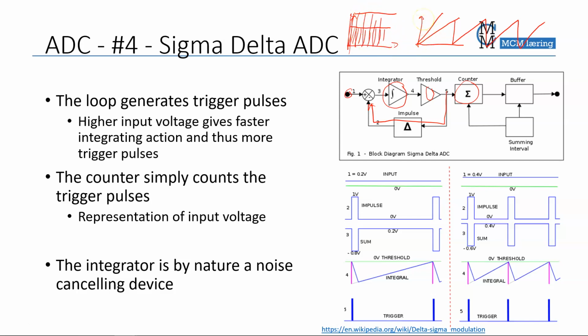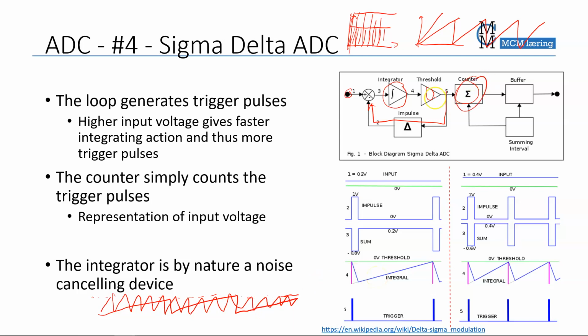So a low voltage will give a slow growing ramp, while a high voltage will give a fast growing ramp. The threshold voltage is the same, the reset voltage is the same, so this high voltage will actually create more of those ramps.